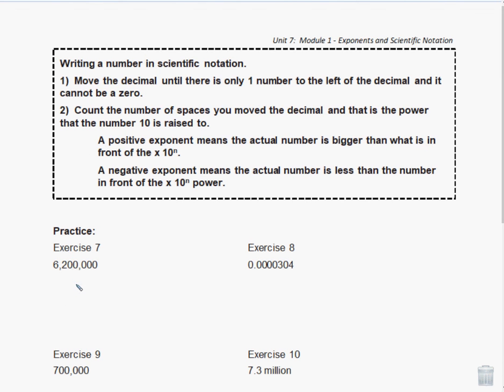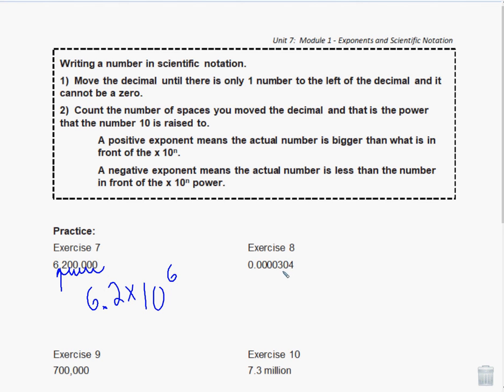We have to convert these numbers to scientific notation. I would put an arrow where I want the decimal and then write the number with the decimal in that spot. And then I would multiply it by a power of 10 by counting from the arrow to where the decimal is. 1, 2, 3, 4, 5, 6. This goes to the 6th power.